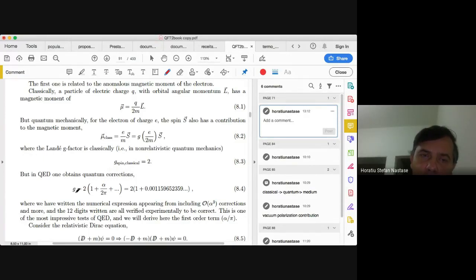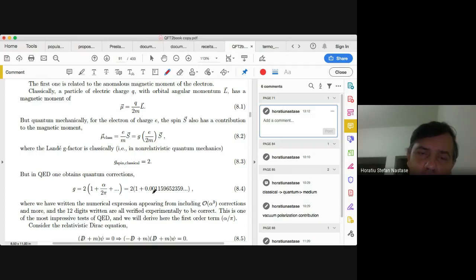So G will be now 2 times 1 plus a certain number, and the number is experimentally found to be the one that you've seen here. I think actually even by now there's one more digit, but here I've written 12 digits. So something with 12 digits means that this is actually, as far as I remember, the most accurately measured quantum effect of any kind.